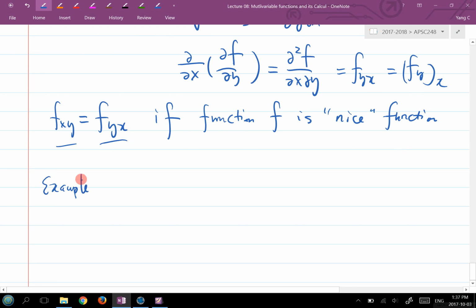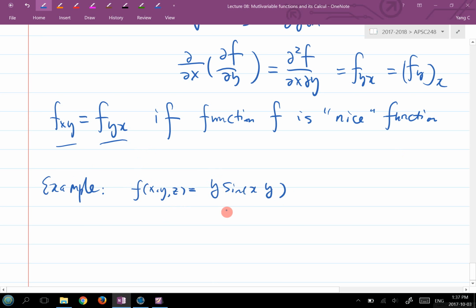So let's take an example here. Okay, let's take a look at this one here. It's a little bit involved with the chain rule, but that's okay. Okay, so this is a function of 3 variables.